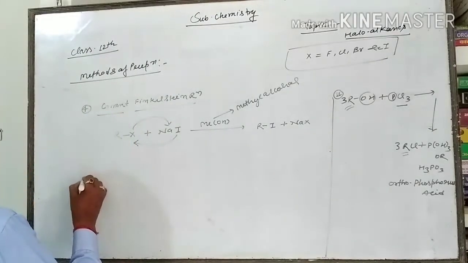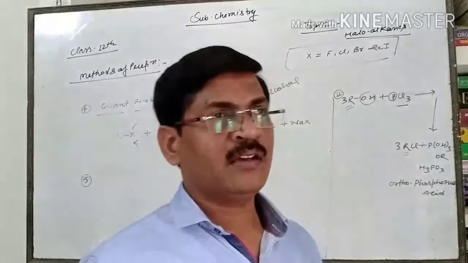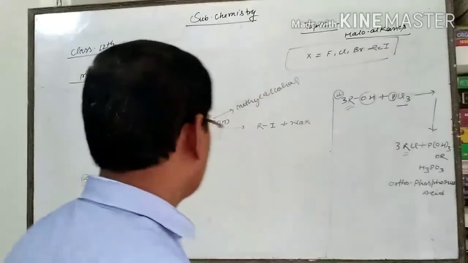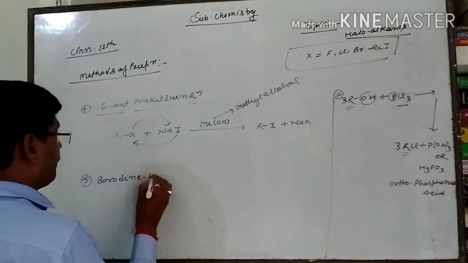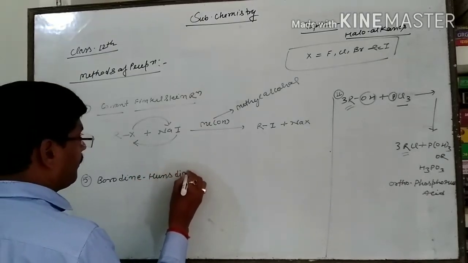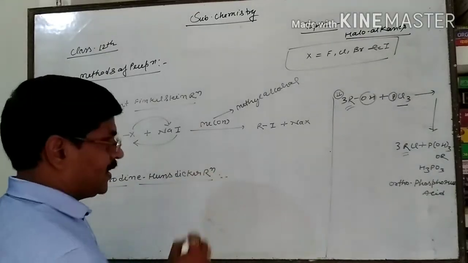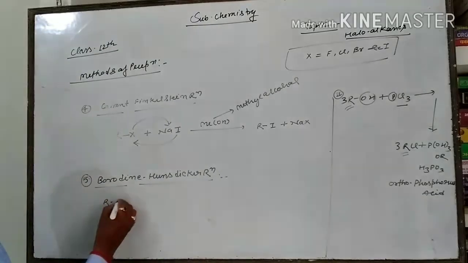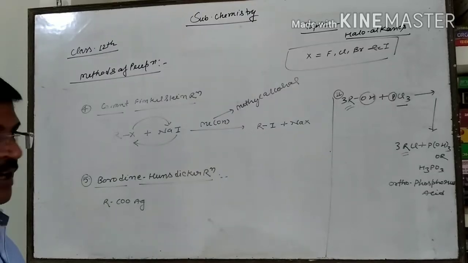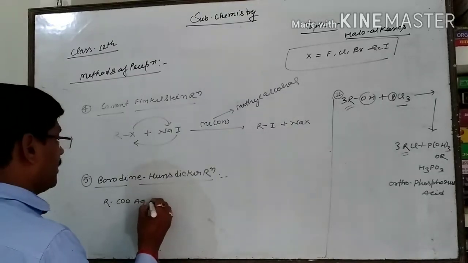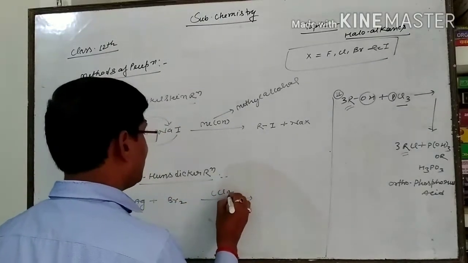After that, fifth method, which one is also very important, Borodin-Hunsdiecker reaction. In this, first of all you have to see RCOOAg. As you know, this one is the silver salt of carboxylic acid. Suppose we are passing bromine in presence of CCl4.